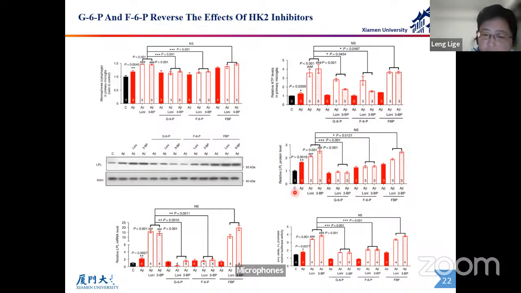Finally, we explored the mechanism underlying the LPL expression regulated by HK inhibition. Lonidamine and 3BP inactivate HKs to inhibit the first step of glucose metabolism, leading to a reduction of downstream glycolysis metabolites.